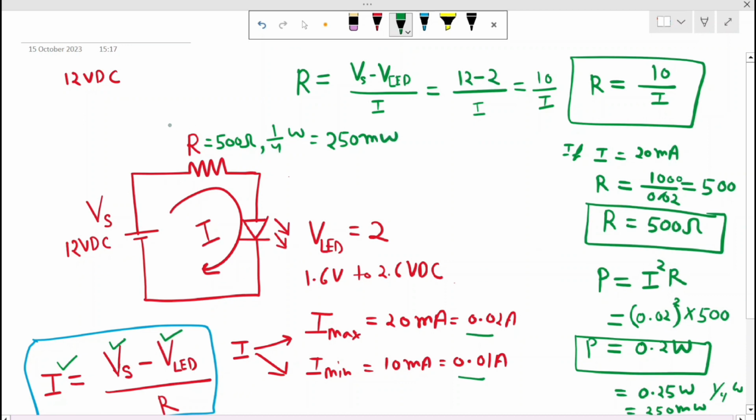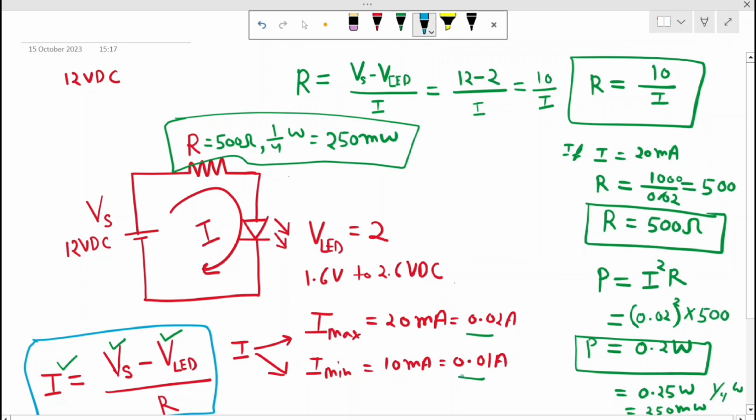So this is now the final calculation of the resistance. Now if you choose 10 milliampere, then what is the value?